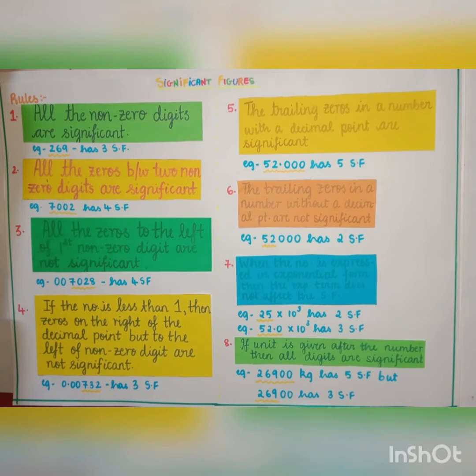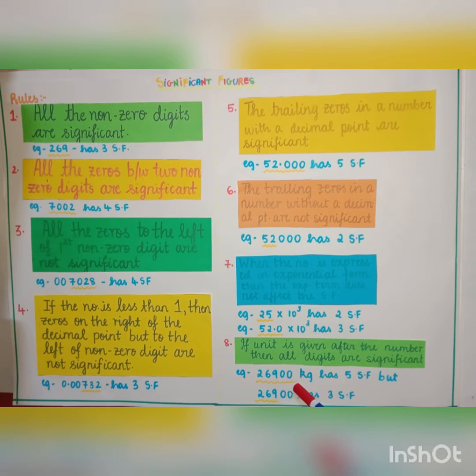It says that if a unit is given after the number, then all the digits in the number are considered significant. Let us take an example. A number is 26,900 kg. Now we already know from rule number 1 that since 2, 6 and 9 are non-zero digits, they are considered significant. But we learnt in rule number 6 that the trailing zeros that come after a number without a decimal point are not considered significant.